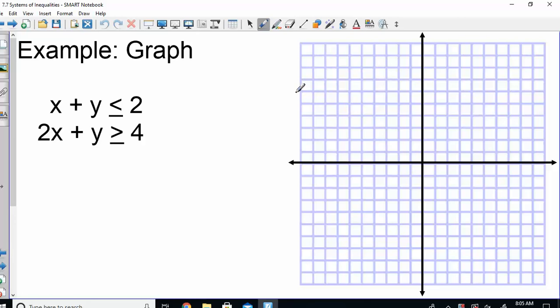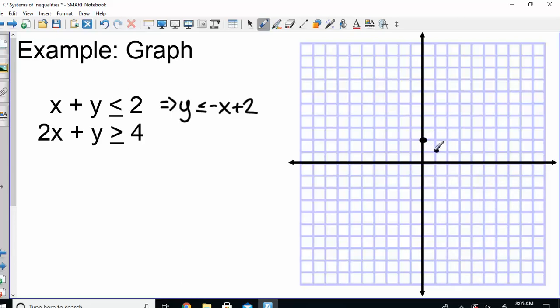So, I printed these notes for you since we have the graphs. If I'm looking at the first one, x plus y is less than or equal to 2. If I rewrite this, if I subtract over my x, then I can see this is just a line. y equals mx plus b, my y-intercept is 2.